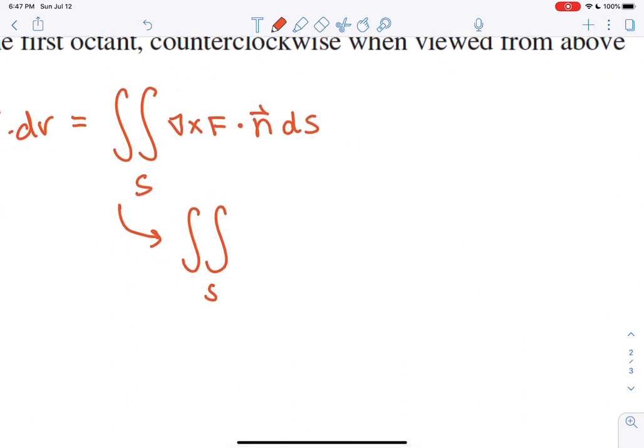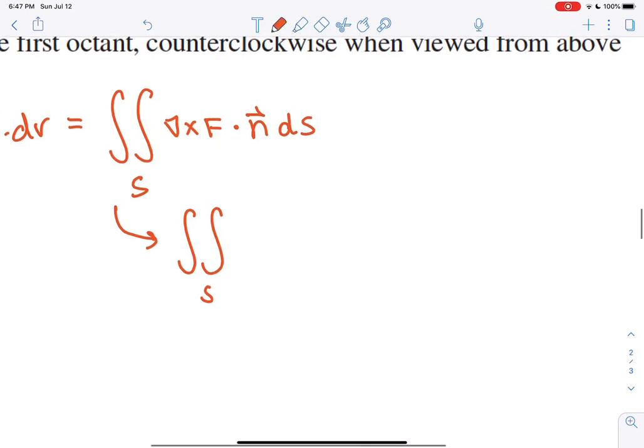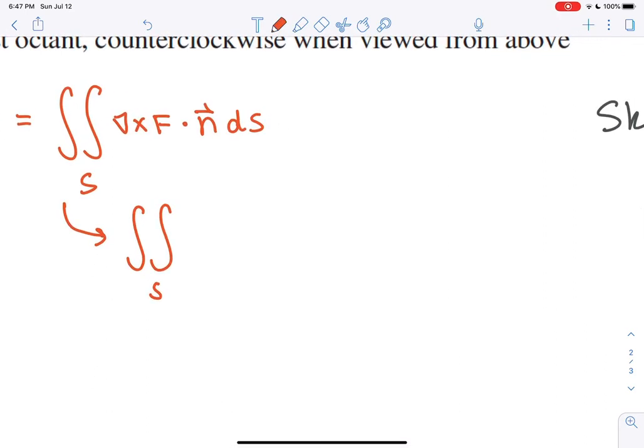In this case, we're going to treat the curl field as the field that we're doing the surface integral on. So once we evaluate the field that we get after doing the curl, we'll treat that as if it was F. You'll see how that works in a second. So the usable form of the right-hand side of the equation is the curl, dotted with our r sub u crossed r sub v.